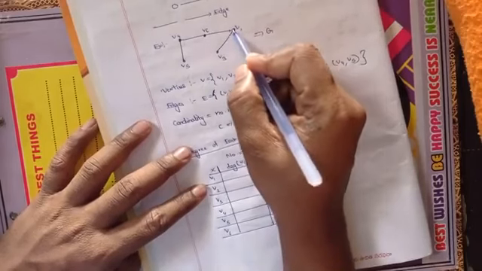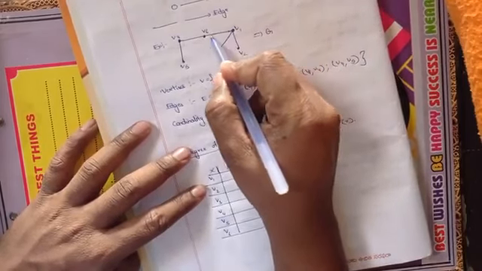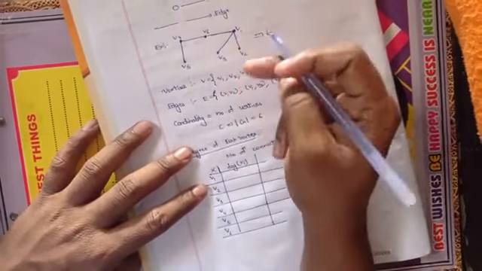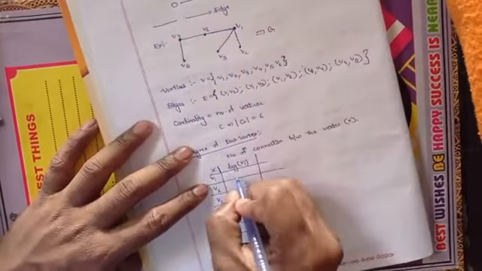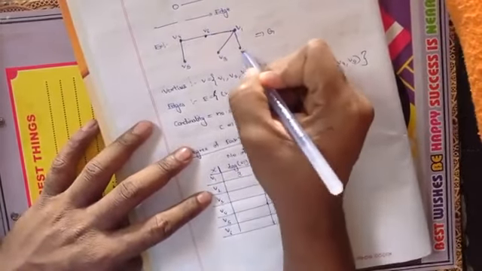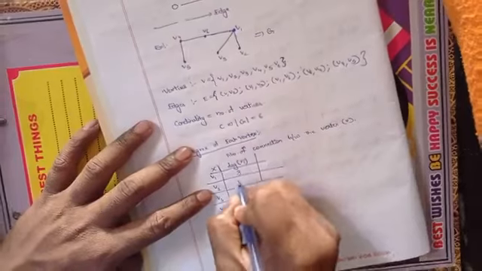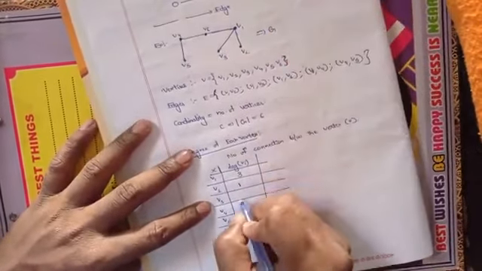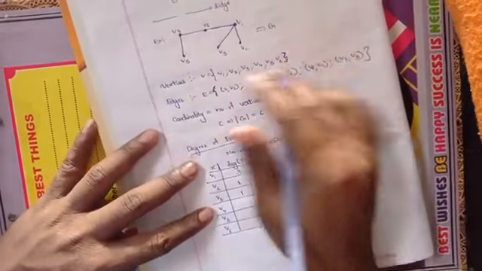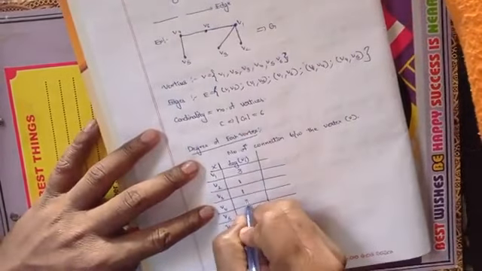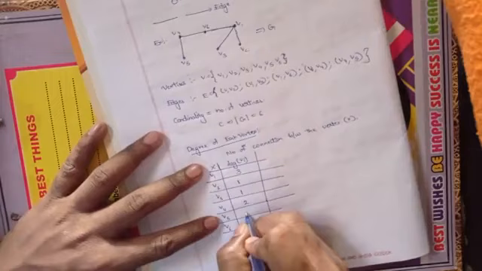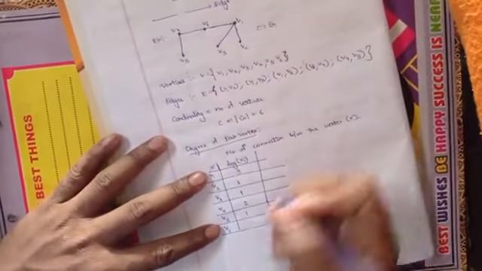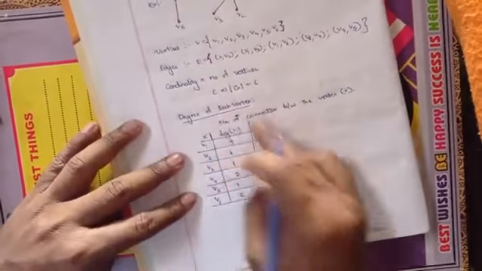So from vertex V1, we have 3 edges. So the number of edges is known as the degree. So V1 has 3 degrees, and coming to V2, V2 has only 1 degree. Now V3 also has one edge. V4 has 2 edges. V5 has a single edge, and V6 has 2 edges. So this is the degree of each vertex.